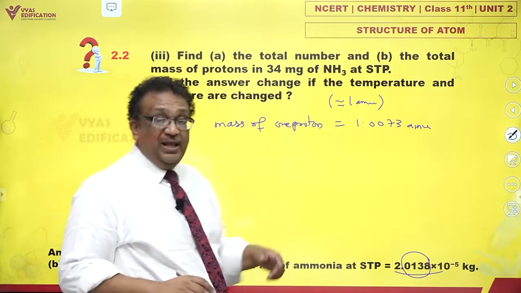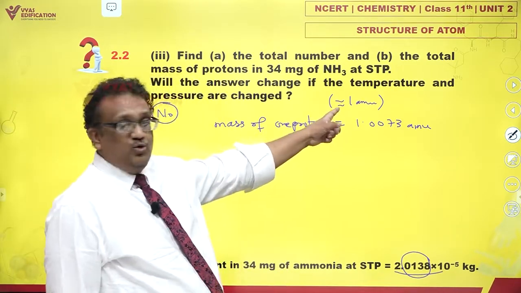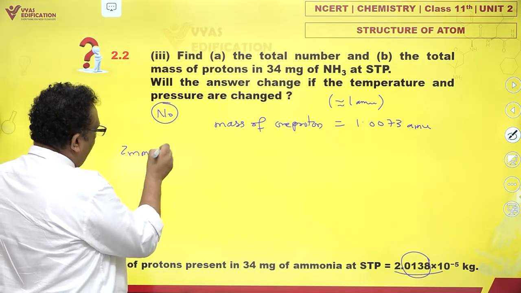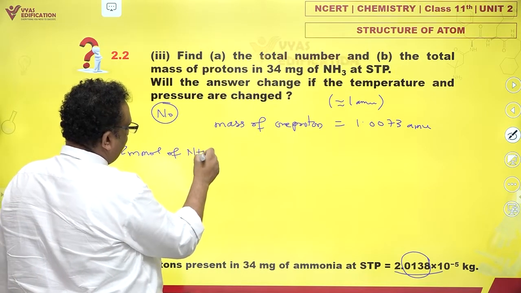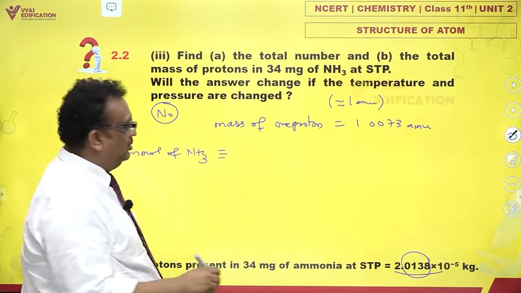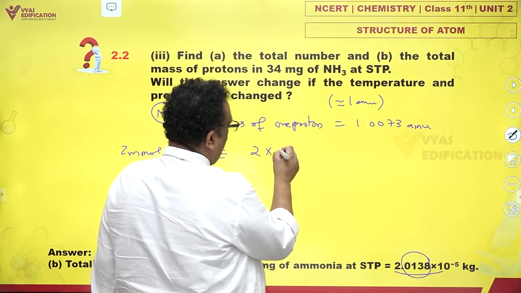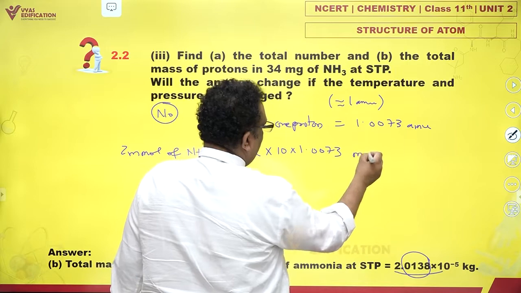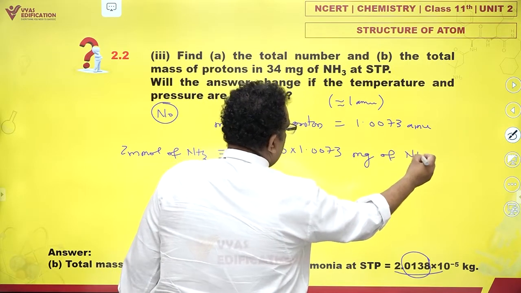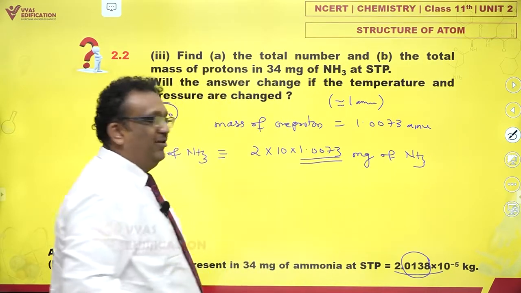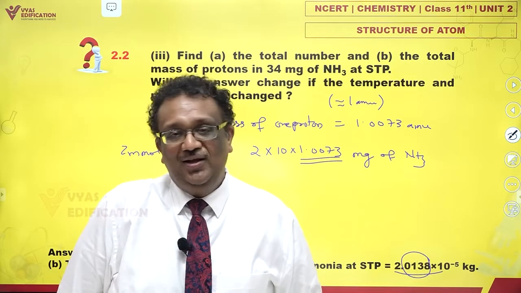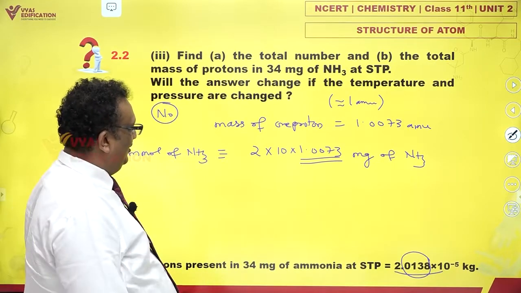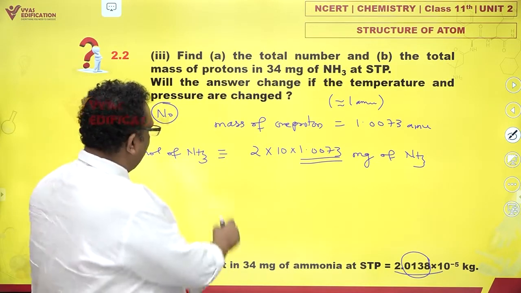So let me recalculate in a more accurate fashion. Wherever we used 1, now we had 2 millimoles. 2 millimoles of ammonia will correspond to 2 into 10 into 1.0073 milligrams of protons. So our answer gets multiplied by 1.0073. So that 0073 gives me additional accuracy. So how much does that come out to be?